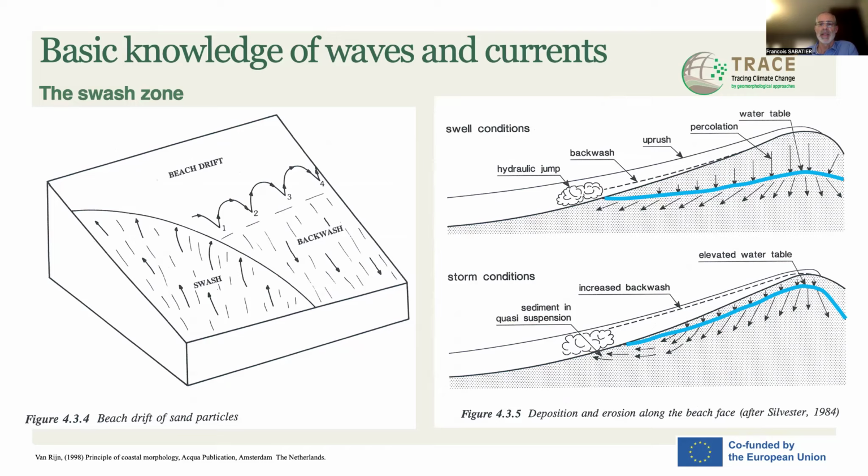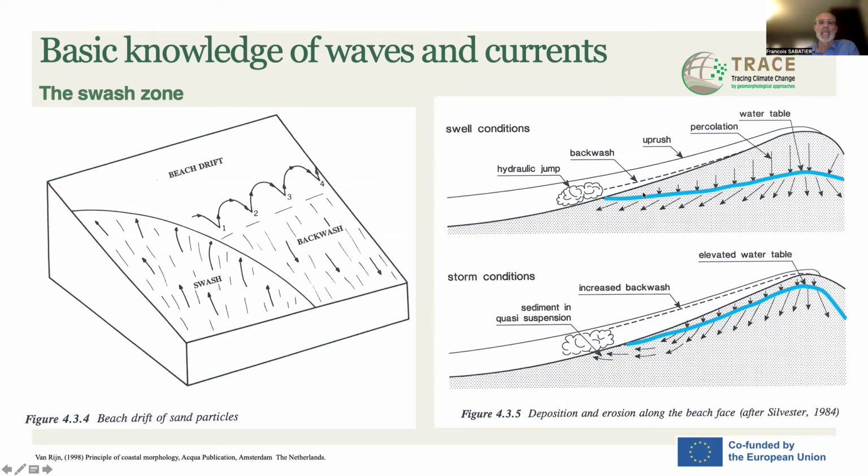You see that, for example, during fair weather condition, this is the water level and this is the beach, and you see this line is the water table. And because of the small waves, the water table is low under the sand.